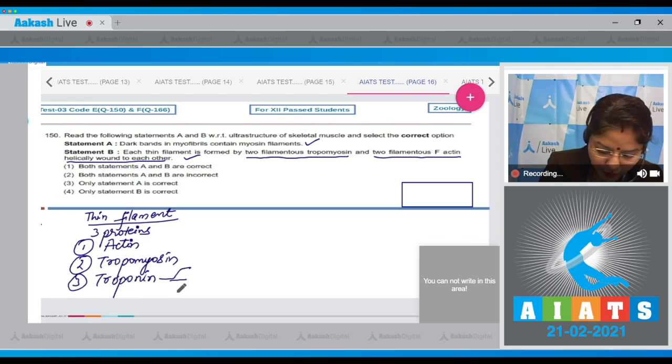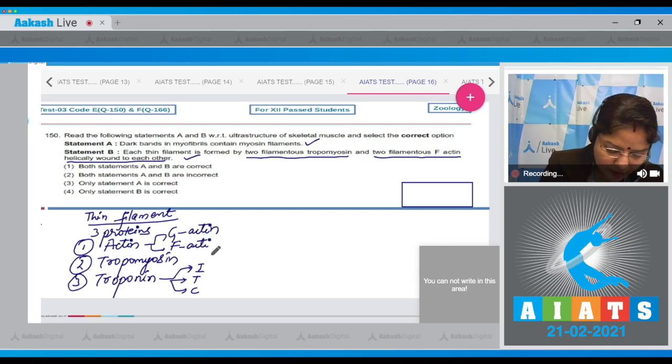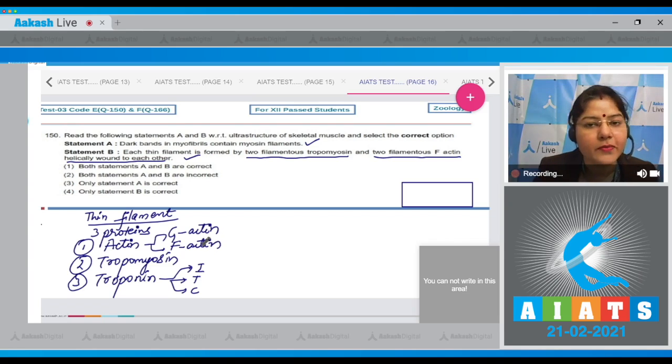Troponin has 3 components: troponin I, troponin T, and troponin C. Actin has 2 forms, G-actin and F-actin. It has 2 proteins, G-actin monomeric protein and F-actin polymeric protein.